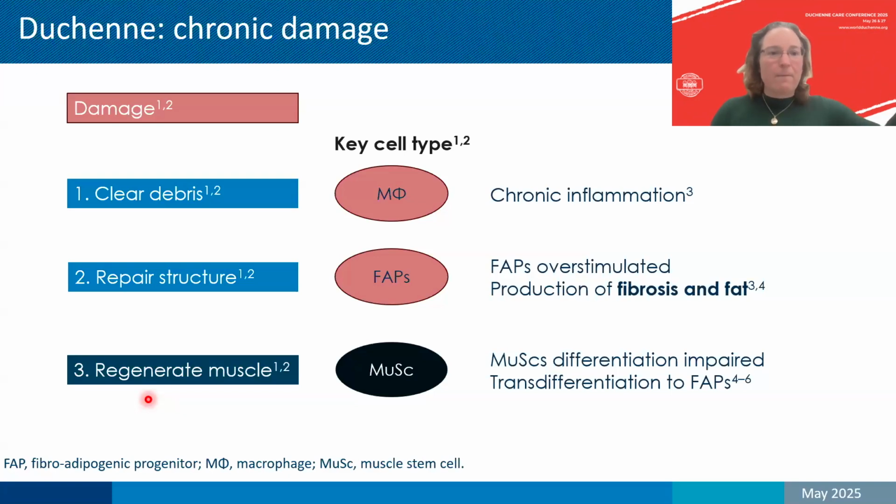So these FAPs start making the connective tissue, but they make too much because they get the wrong signals. And the muscle stem cells never get the signal to start repairing. Instead, they get signals to also become FAPs. So they differentiate from muscle stem cells into these FAP cells. Because there's chronic damage, the whole system goes haywire and the repair is inhibited. So this is how things go wrong.